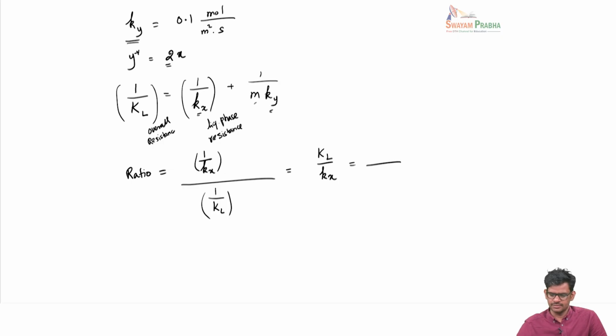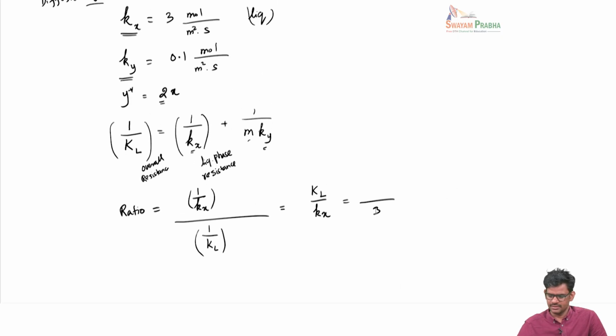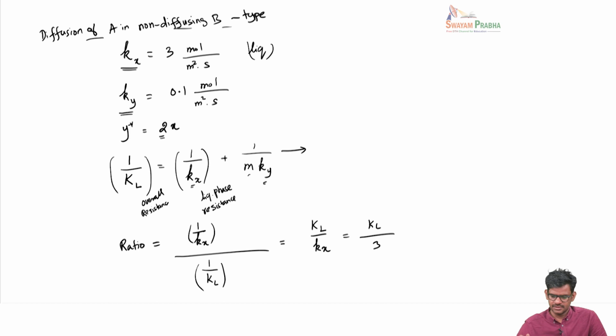Kx is already known. It is 3. KL we don't know yet, but we can obtain the value of KL from here. So we'll first get 1 by KL. 1 by KL is equal to 1 by 3 plus 1 by 2 times 0.1.